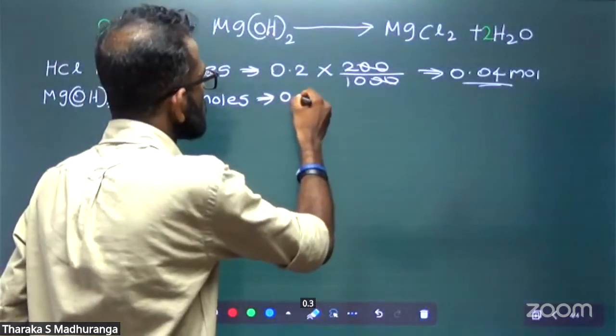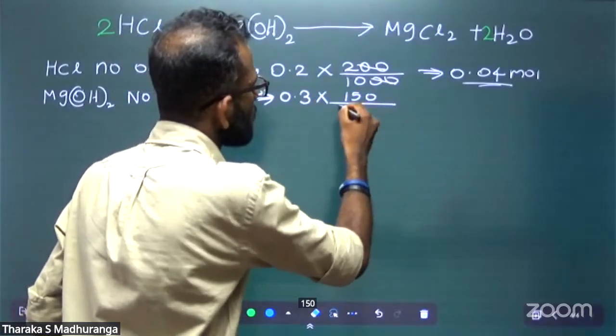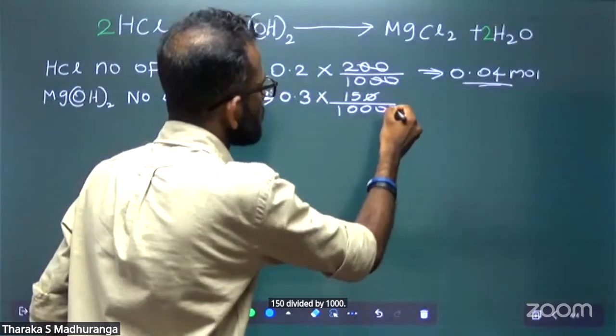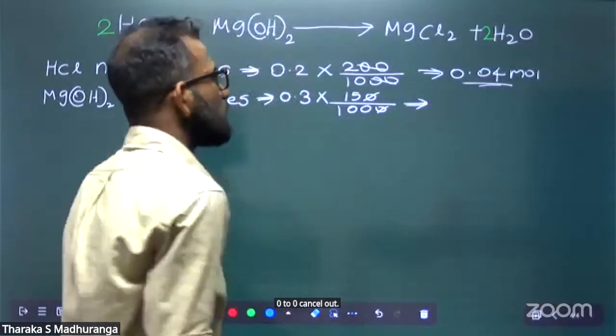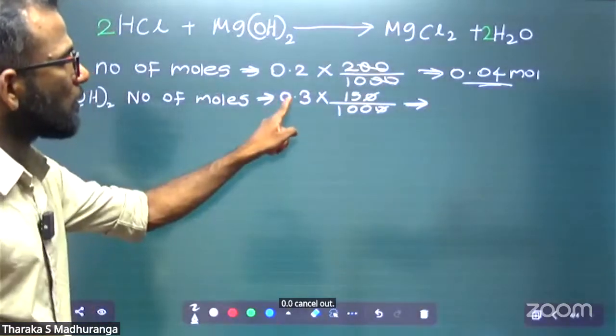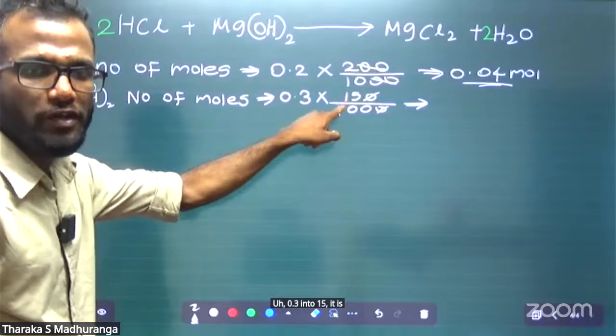0.3 times 150 divided by 1000. 0 and 0 cancel out. 0.3 into 15, it is 0.45.